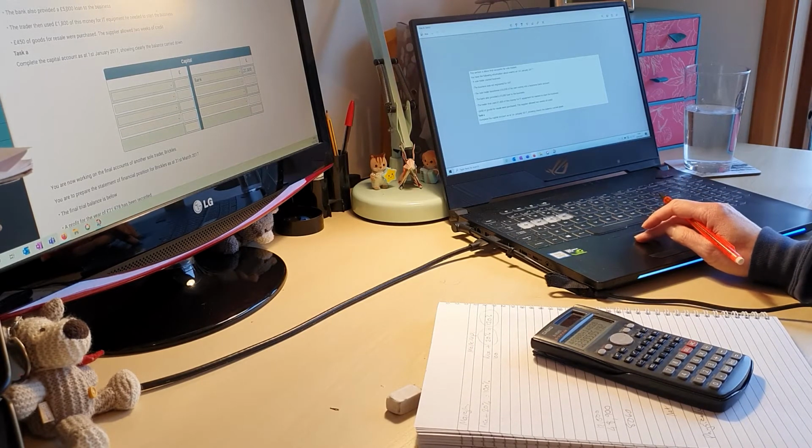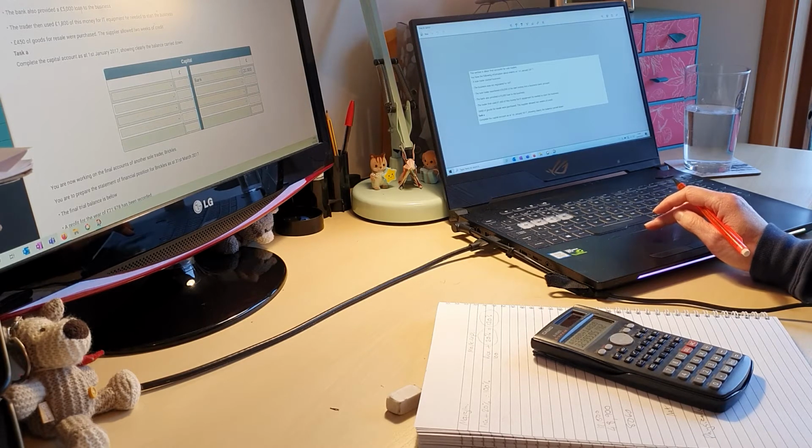The bank also provided a £5,000 loan to the business. That is not capital. That is a loan.